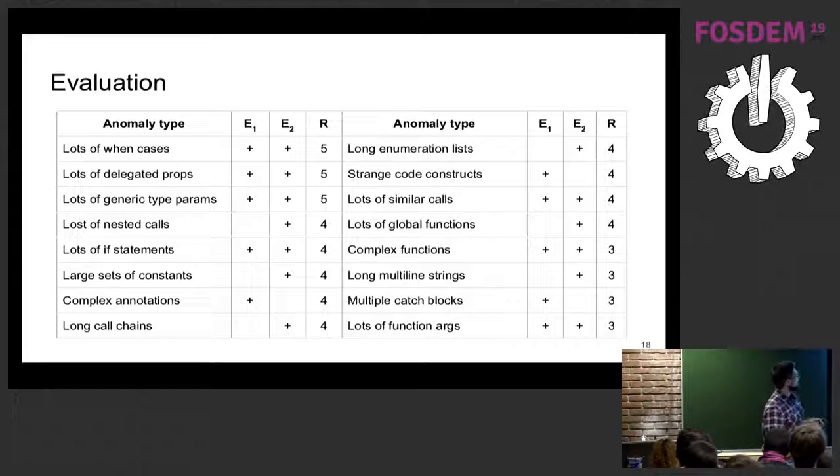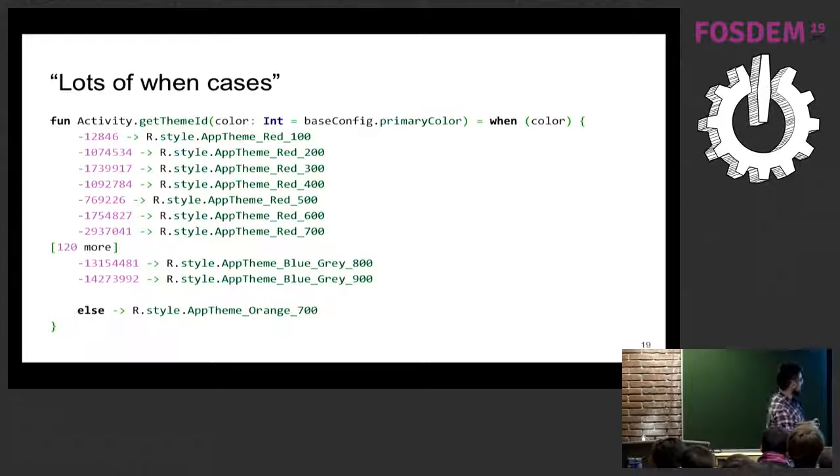This table shows this: E1 column is experiment 1, E2 is experiment 2, and the errors rank. As you can see here, most of the anomalies that were considered useful were lots of something. It's not as fancy and weird as we anticipated, but developers still found these anomalies useful and used them in their tests. Some examples.